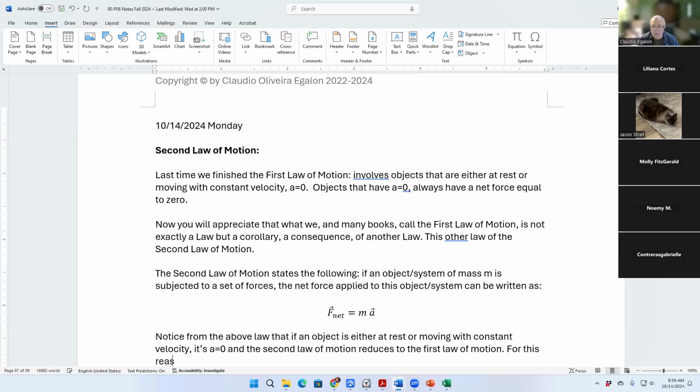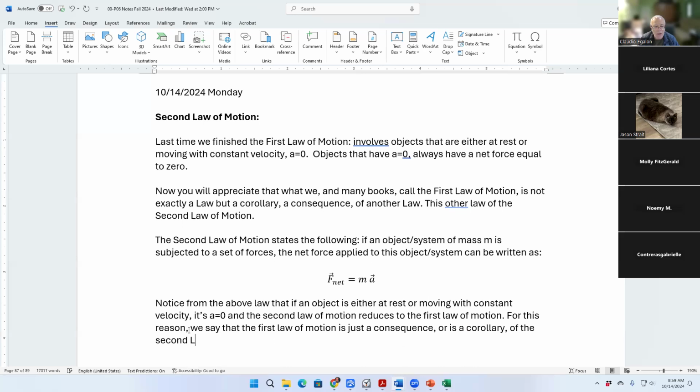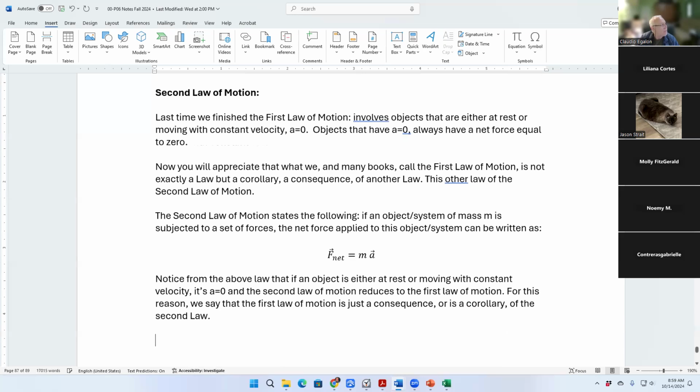For this reason, we say that the first law of motion is just a consequence, or a corollary. A corollary is all about the consequence of something else. Corollary of the second law, okay? Do you get the idea of a corollary? What the corollary means? It's just a consequence of something far more basic. Okay, don't forget, memorize that.